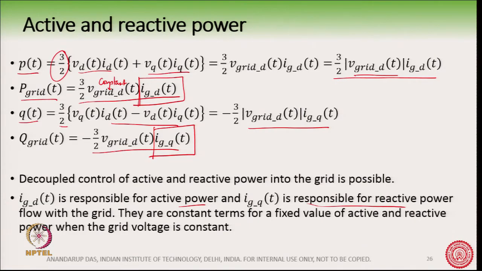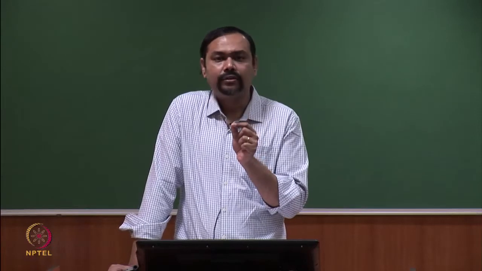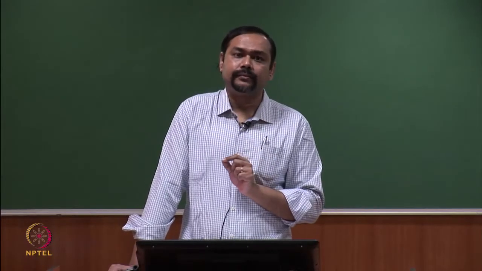Another thing that you should note is that the voltage source converter is a voltage source, however, it is a current controlled voltage source. You are controlling the power by controlling the current. So, it is a current controlled voltage source converter.